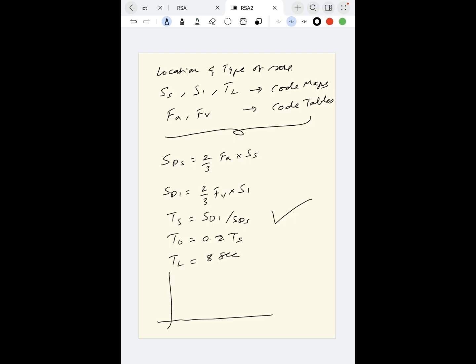You have here the T0 value, and this is your Ts, and this is your SDS into 0.4 plus 0.6 T by T naught, or let me put it another way.